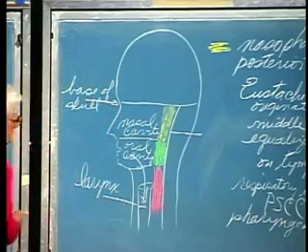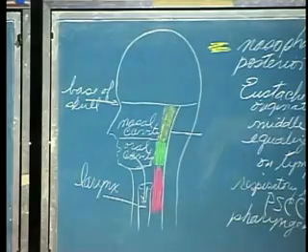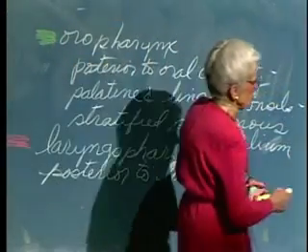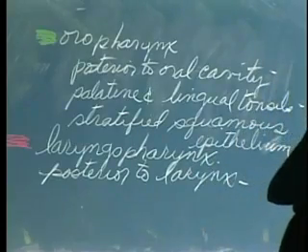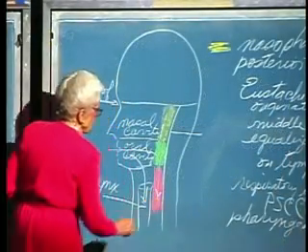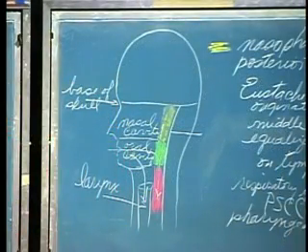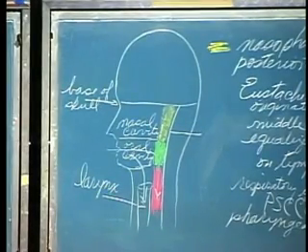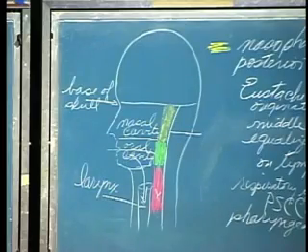But what kind of epithelium do we want then in the laryngopharynx? What is going down the laryngopharynx? We're posterior to the larynx. So what kind of epithelium?